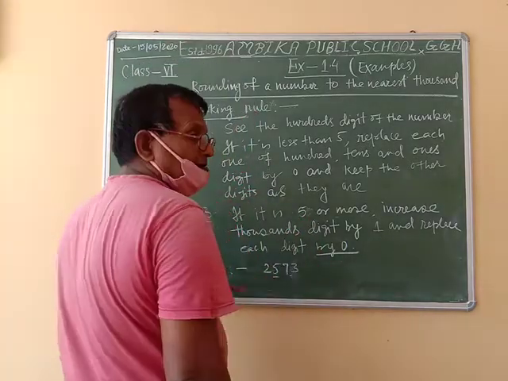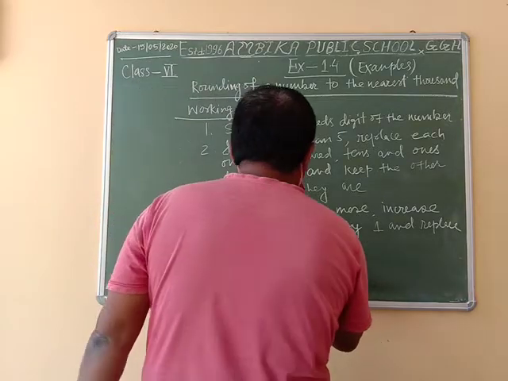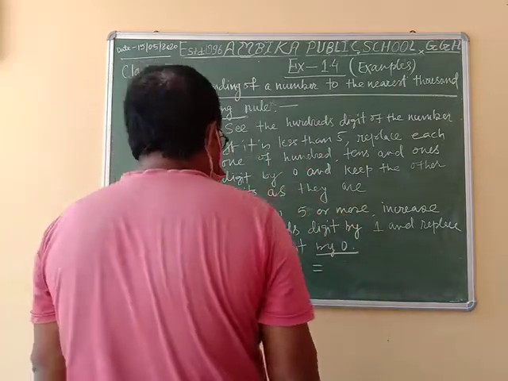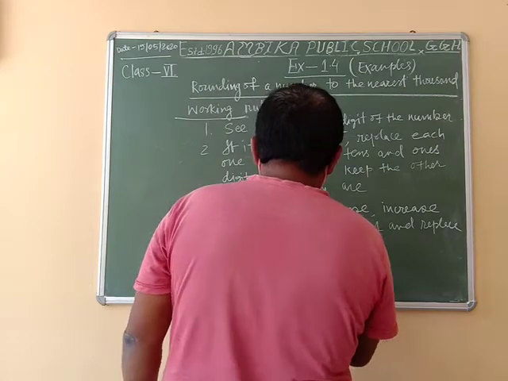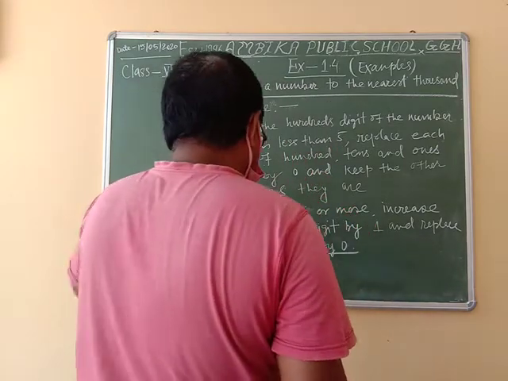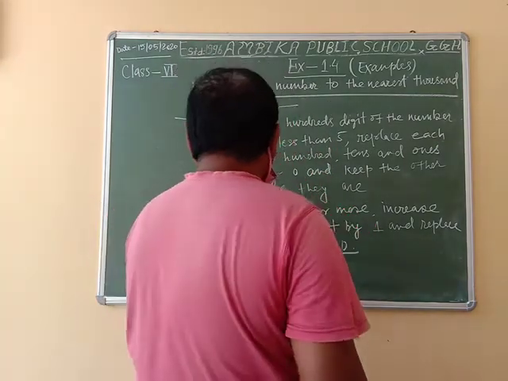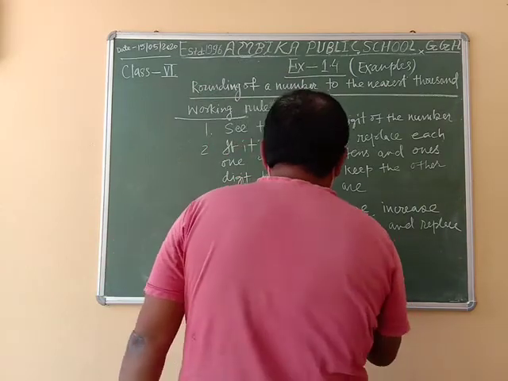Here the hundredth digit is 5, so we increase the thousandth digit by 1 and replace each digit by 0.